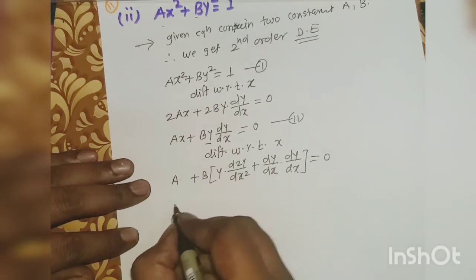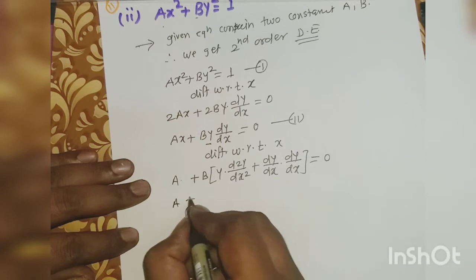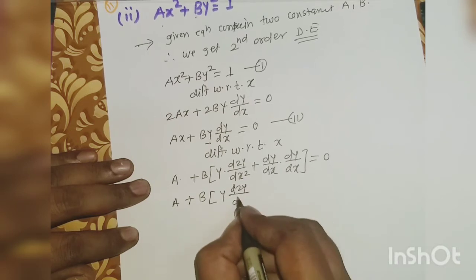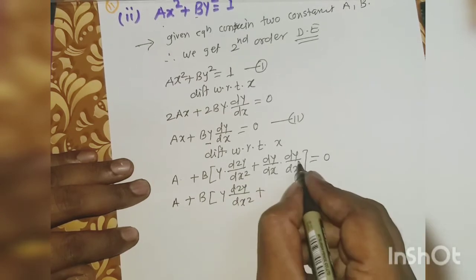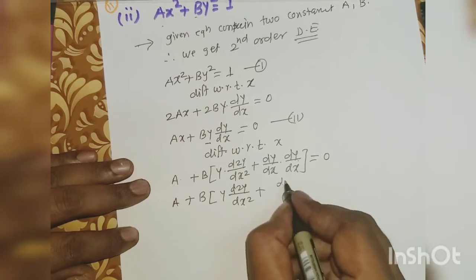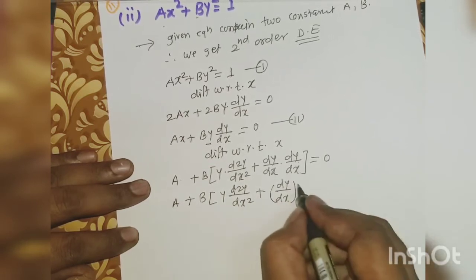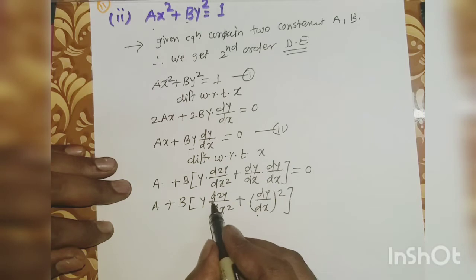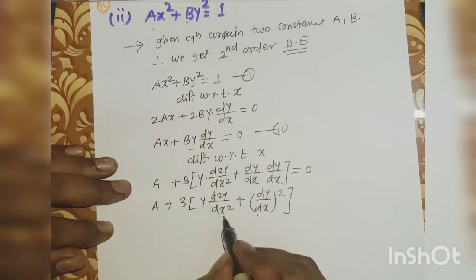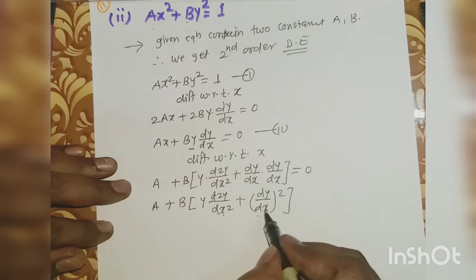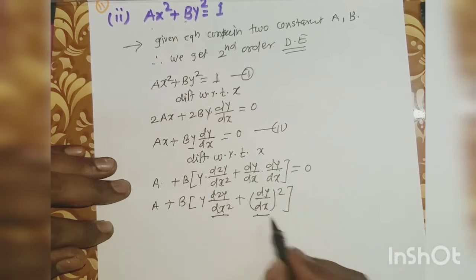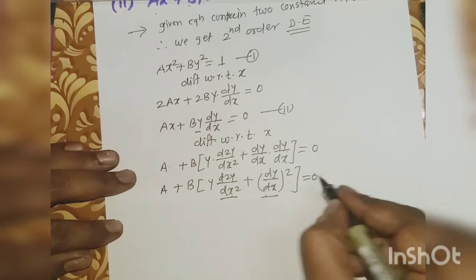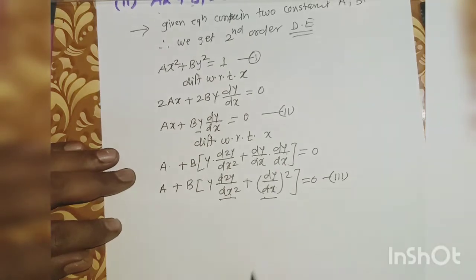That means a plus b bracket y d2y by dx square plus dy by dx bracket square. Now these two terms are not equal. Here is the derivative of y dy by dx with respect to x, and here dy by dx bracket square. Those are different terms. Here the second order derivative, first order derivative and its square is equal to 0, this is the equation third.